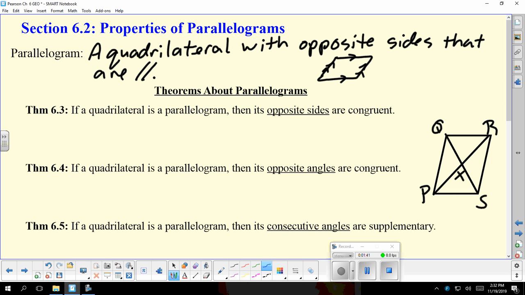If a quadrilateral is a parallelogram, then opposite sides are congruent. So QR is congruent to PS, and QP is congruent to RS.